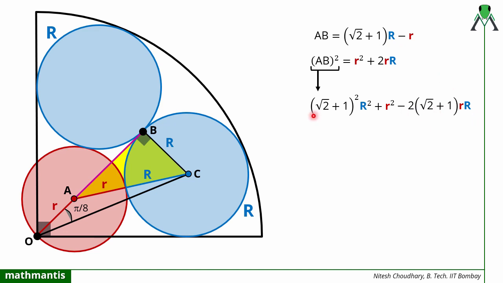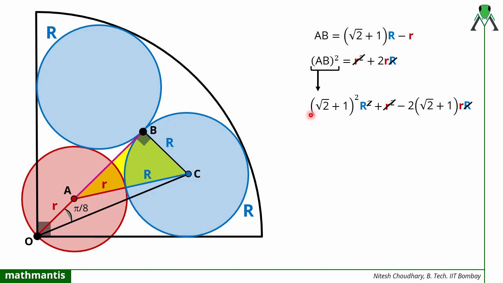Now in the next step, if you take a look at the left side and right side, here is r square, here is r square, we can cancel out both sides. And here we can see capital R, and here also capital R, here also capital R square. So we can cancel capital R from all the sides, that is, we have divided all the sides by capital R.